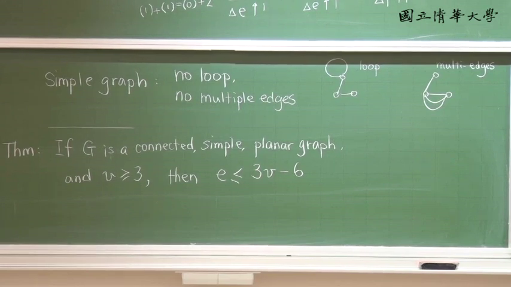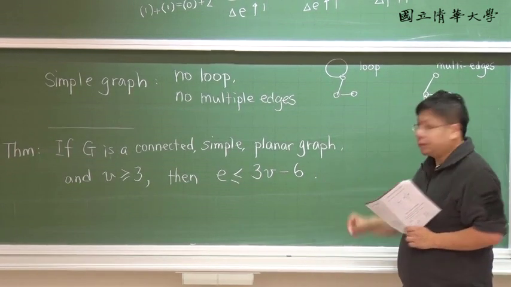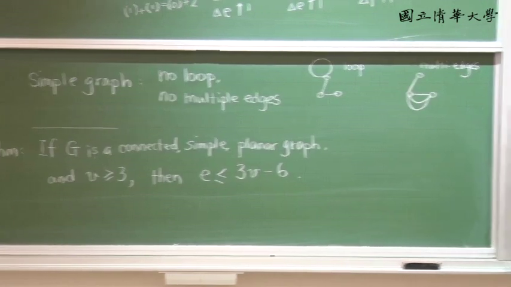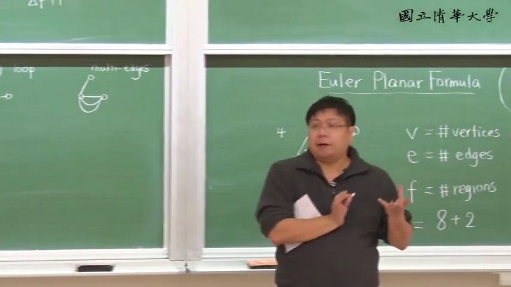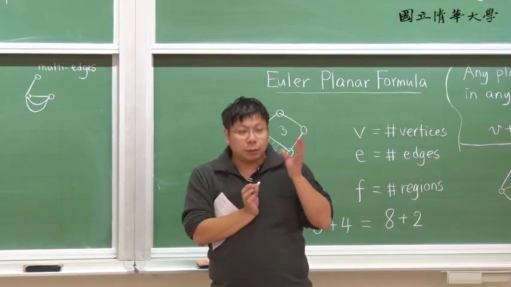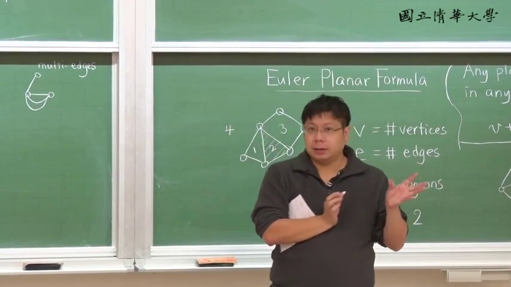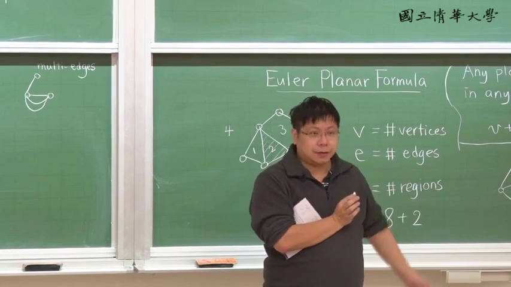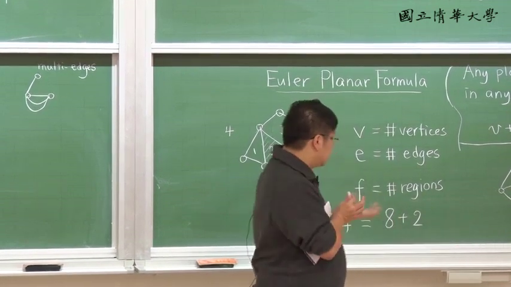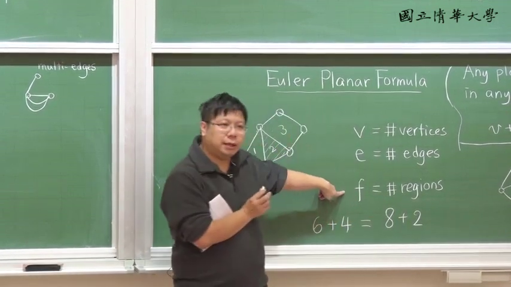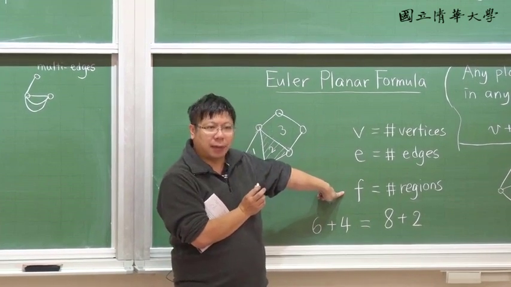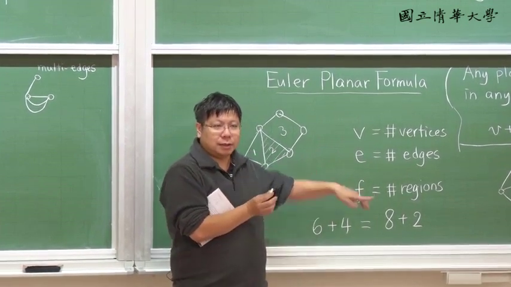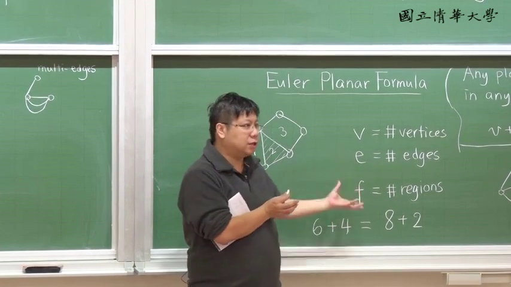Now, this theorem is very useful. The reason is that usually we have a graph and we don't know whether it is planar or not. If it is planar, of course we can draw it. If it's not planar, then there is no meaning about what is meant by f, because it is not planar. So what is meant by the regions?